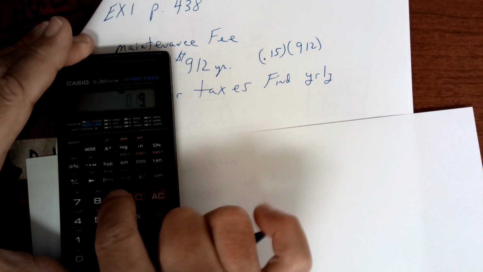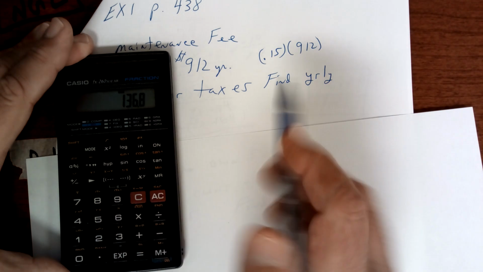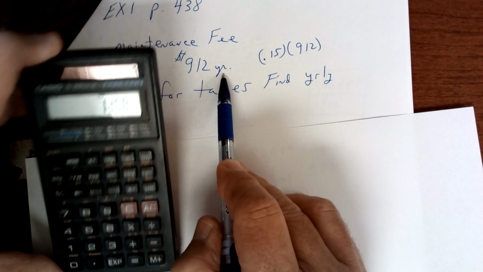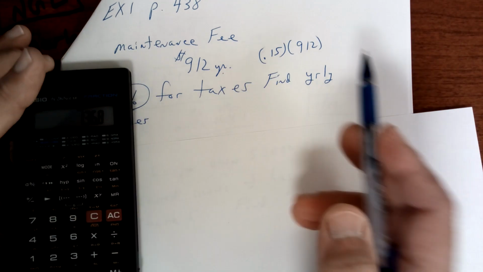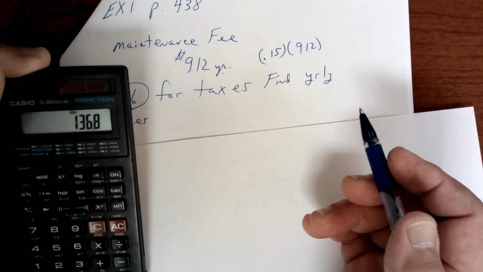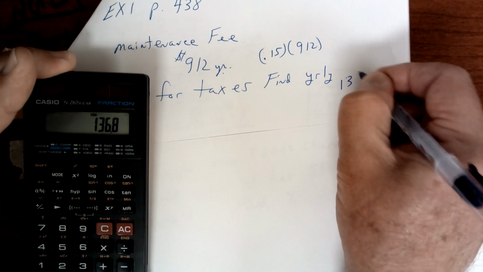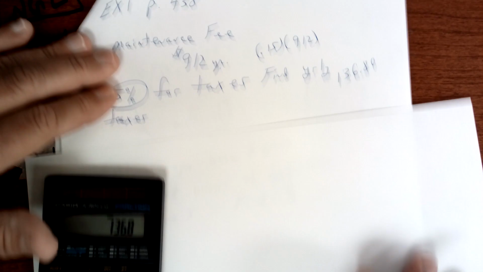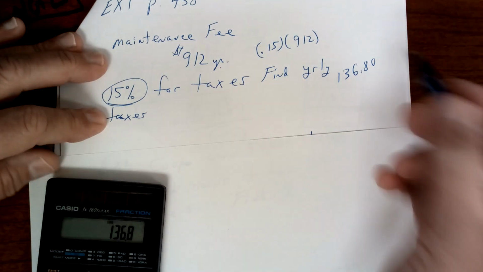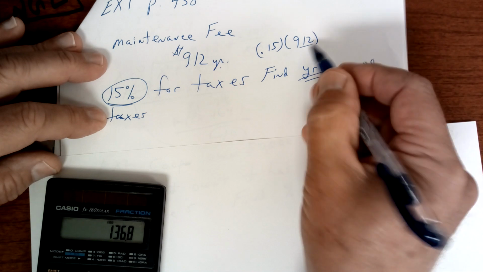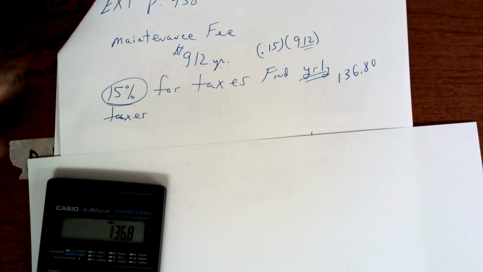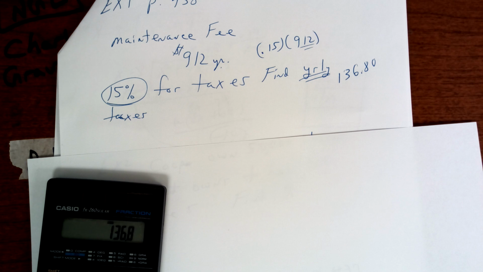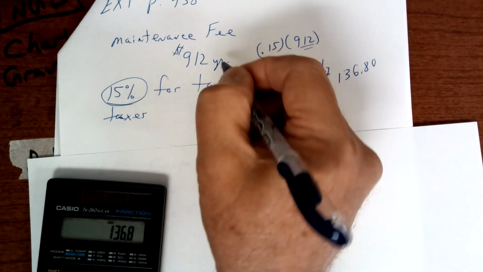Now you can check this one in the book, but I think this is a yearly amount, at least I hope it is. And so it comes to 136.80 every month. Okay, that's, well, actually that is a monthly amount, but they want to know the yearly amount. Okay, let's say this is not yearly.